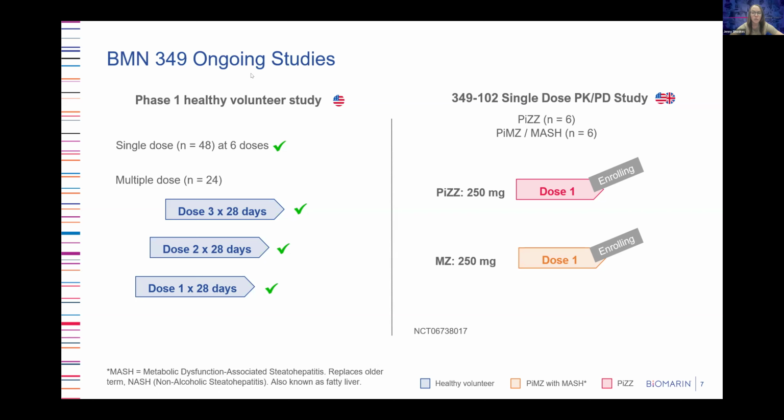It's a single dose study, a very small study looking at 6 patients with ZZ and 6 patients with MZ and MASH. We are currently enrolling this study in the US and the UK. The objective is to understand the pharmacokinetics, how the drug is processed, and what might be a dose that we can move forward with that we think is going to have the intended effect.